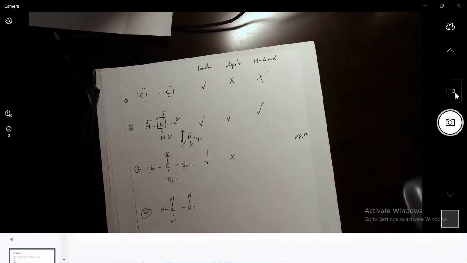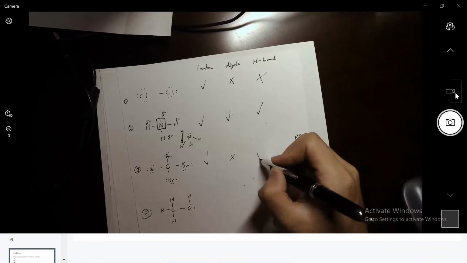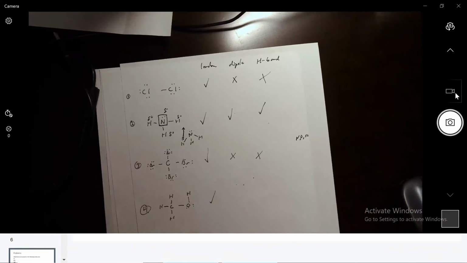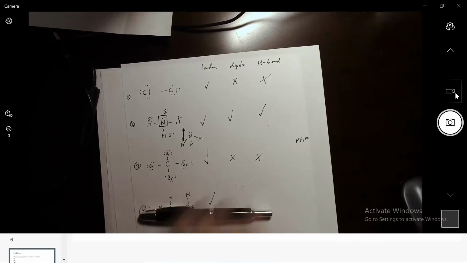What about an H bond? Do we have hydrogen bonding here? I don't think so, since there aren't any hydrogens. Okay, methanol. It has London forces, we know that. What about a dipole moment? Do you think it has a dipole moment? Okay.